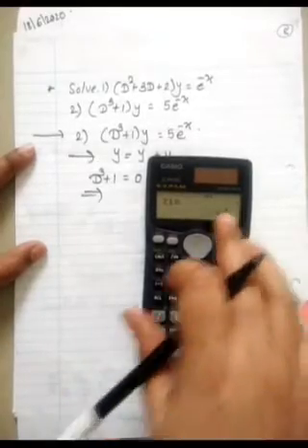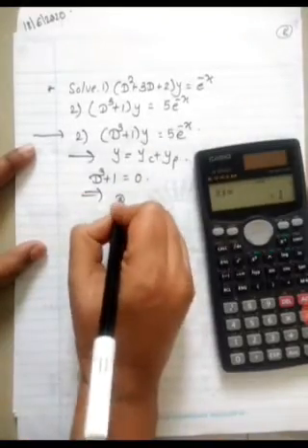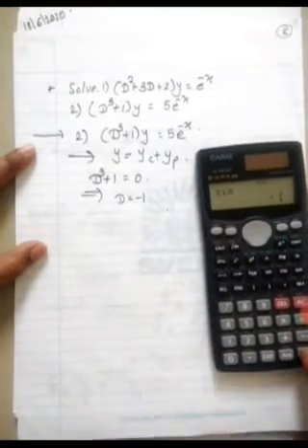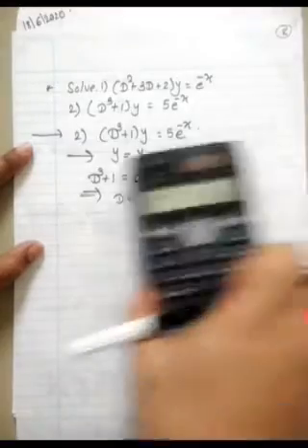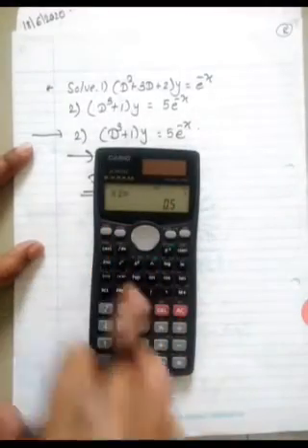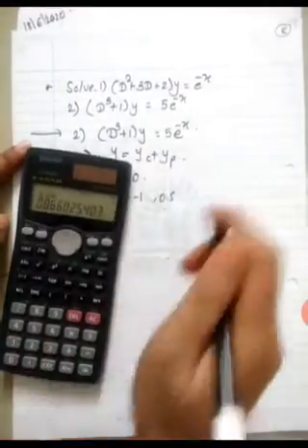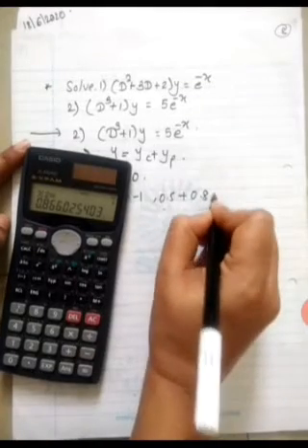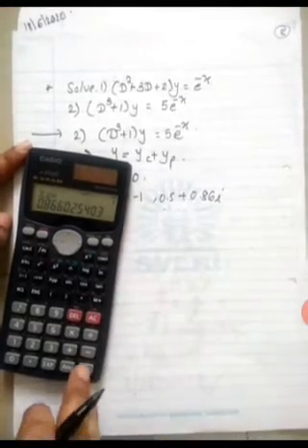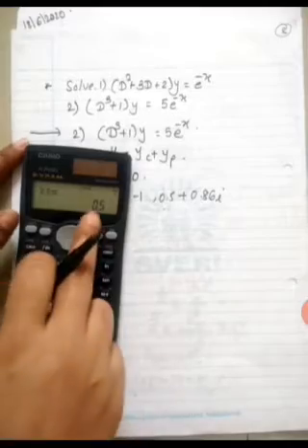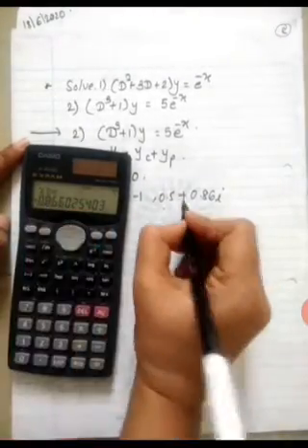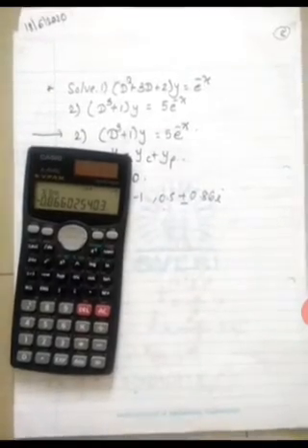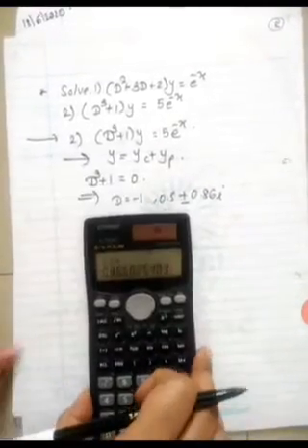So x1 is minus 1, no imaginary part, so minus 1. Then x2 is 0.5, but there is an imaginary part, so we'll press shift and equal, so its imaginary part is plus 0.86 i. This is x2, and x3 is again 0.5, it has an imaginary part, so shift equal, minus 0.86 i. So this is plus minus. These are the roots.